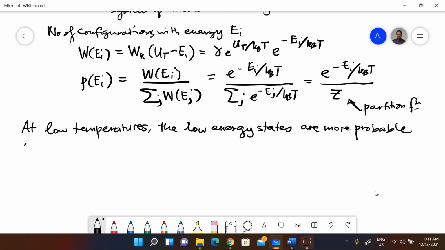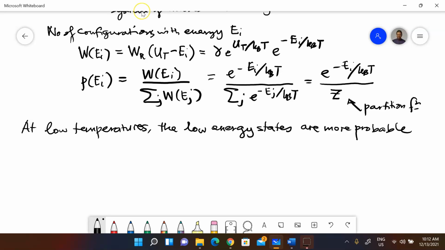And then as temperature increases, maybe I should say this because we talk about occupation of the states.